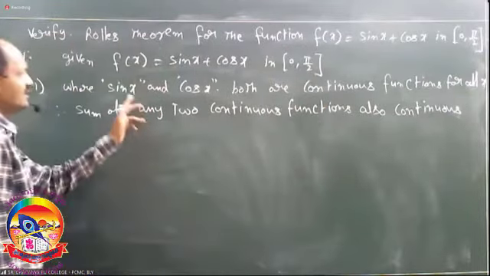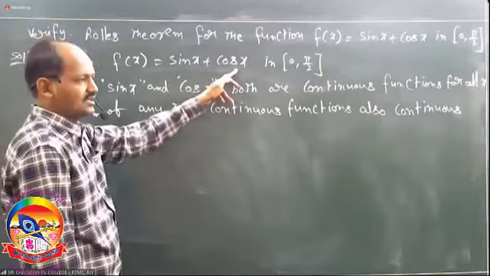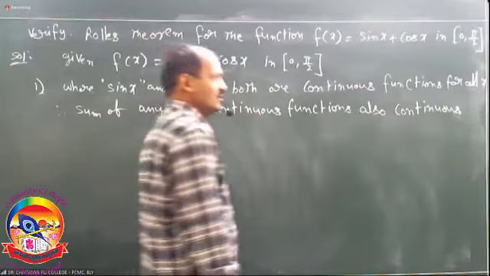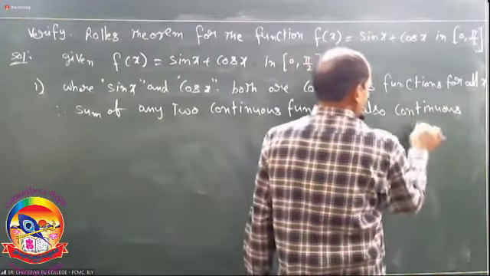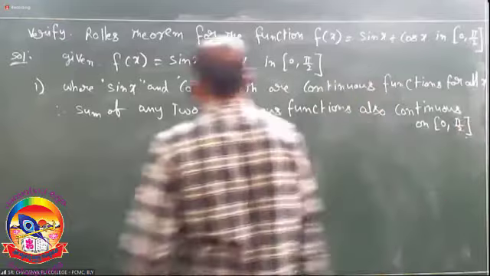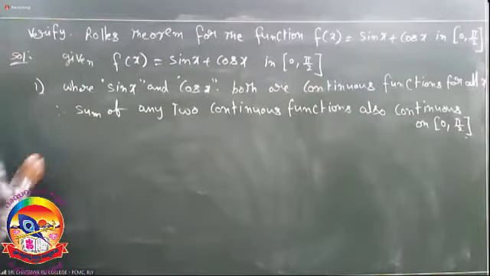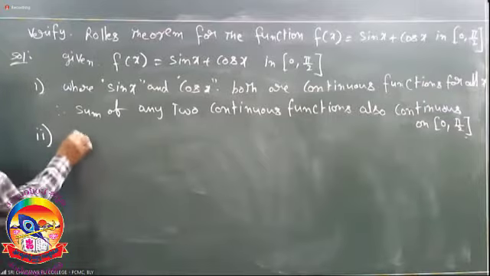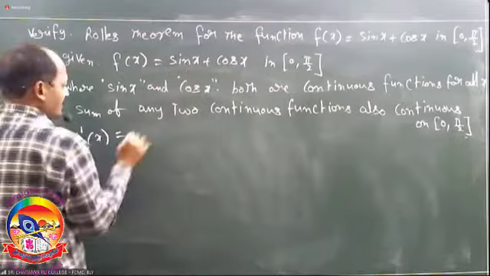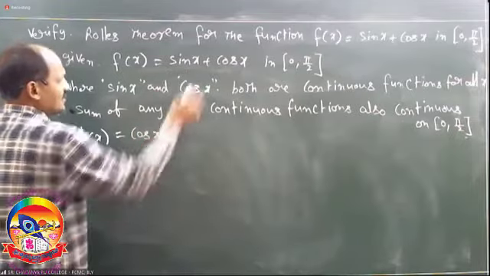Sin and cos both are continuous. Therefore, the sum of two continuous functions is also continuous on the given closed interval 0 to pi by 2. So the first condition is satisfied.